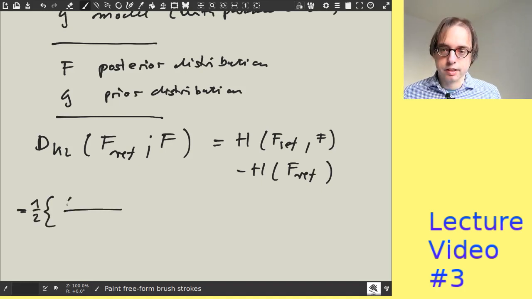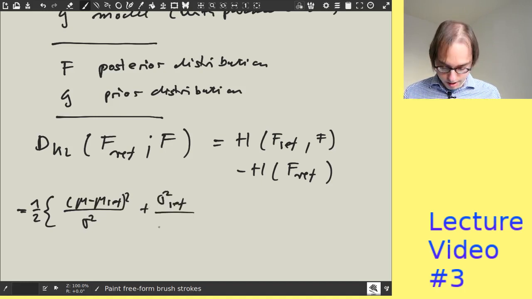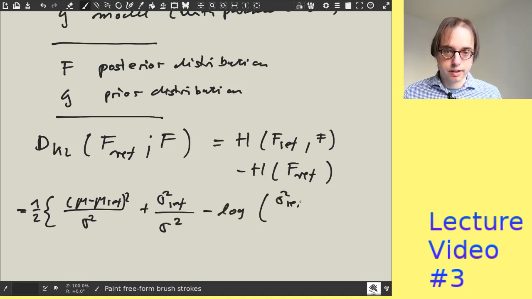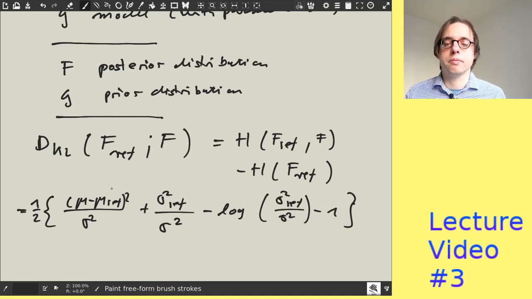So it's mu minus mu ref squared divided by sigma squared, plus sigma squared ref divided by sigma squared, minus 1. It's all in the script, so if you can't read it, then check it in the script. That's the relative entropy between those two.